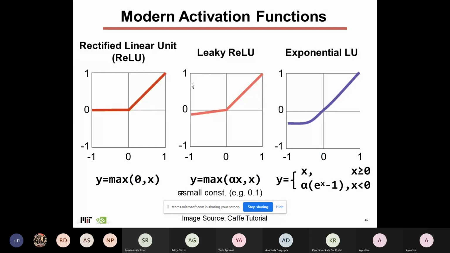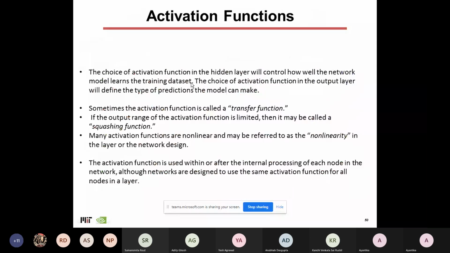So now you have the idea that these are the options. Now the question is why it is important to have so many activation functions and what is the purpose of it. First of all, the choice of activation function in the hidden layer will control how well the network model learns the training set.